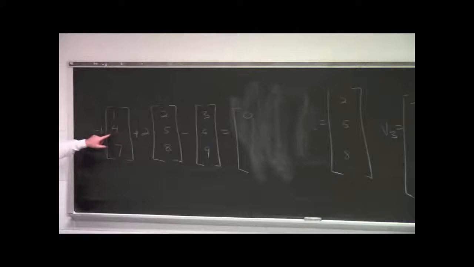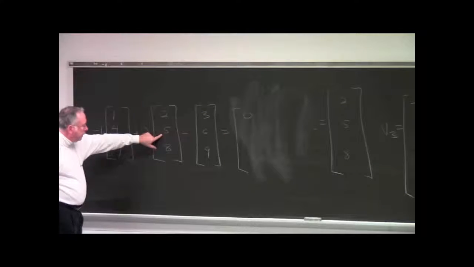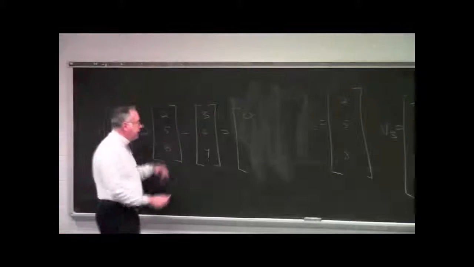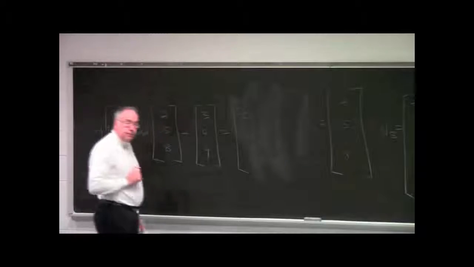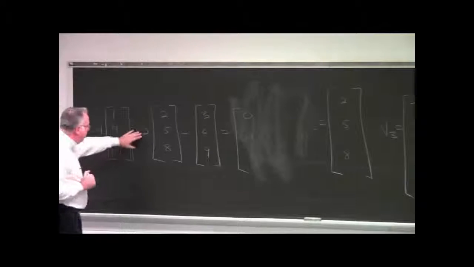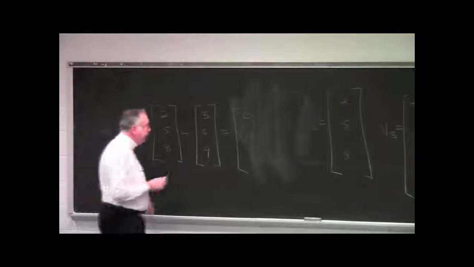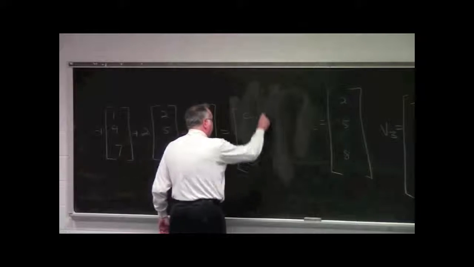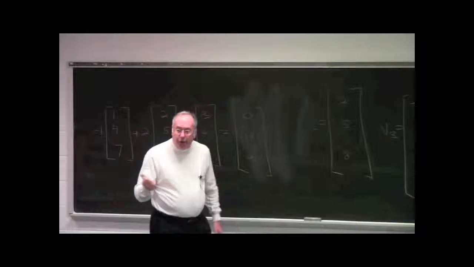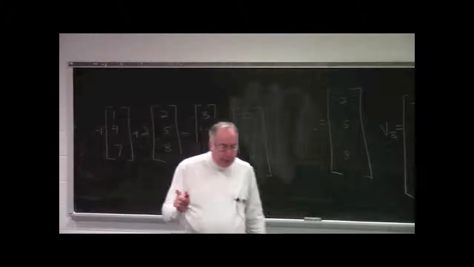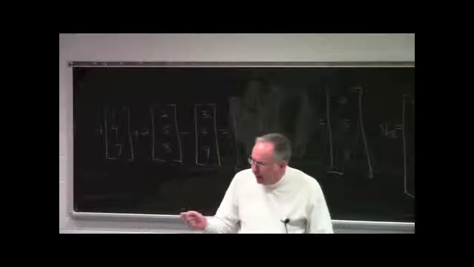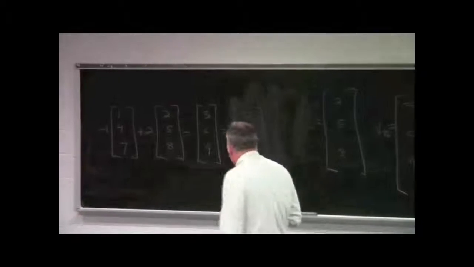Looking at the second row, we get minus 4 plus 10, that will be a 6, minus 6 equals 0. And then finally for this bottom row, minus 7 plus 16 would be 9, minus 9, 0. Very good. Andrew, you bring up your quiz after class. I'll give you an extra point on your quiz for that.